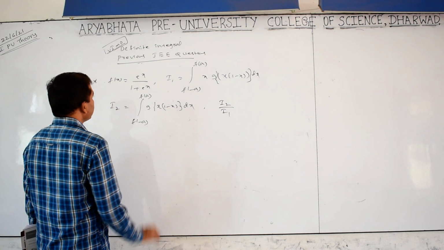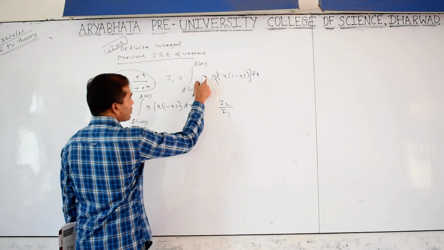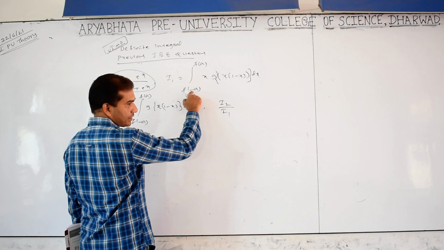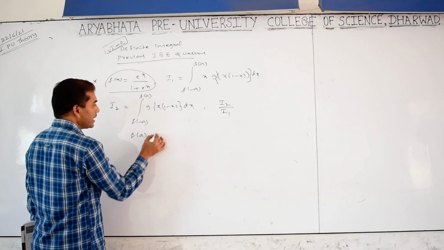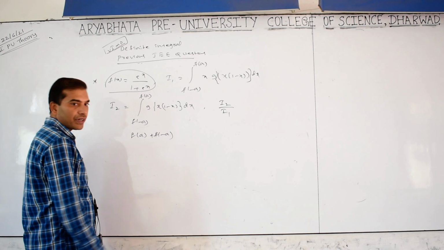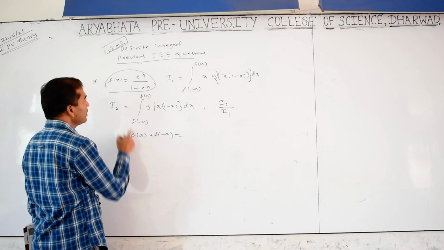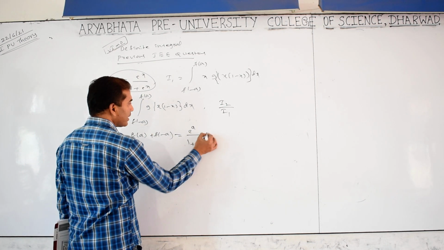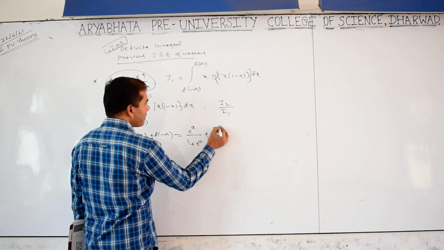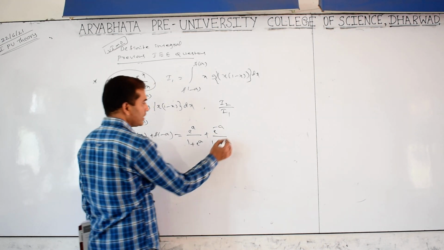Yes, this is what they have given. We should apply the property: in place of x, sum of the limits minus x. Tell me the sum of the limits. f of a plus f of minus a, we want this value. Let me first find f of a, e power a by 1 plus e power a, and f of minus a, e power minus a by 1 plus e power minus a, right?